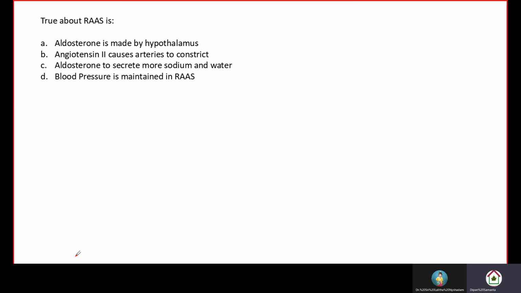Okay, next is true about RAS. True about RAS. Aldosterone is made by the hypothalamus.